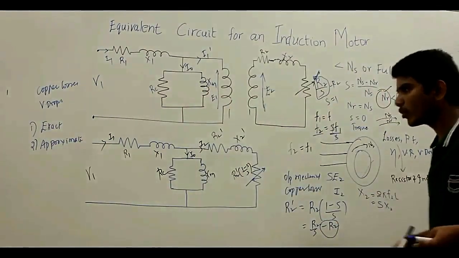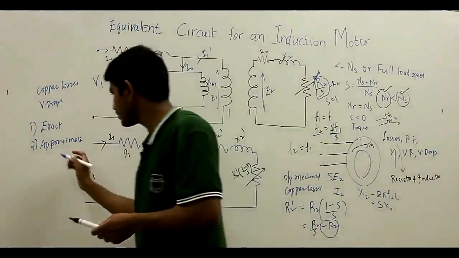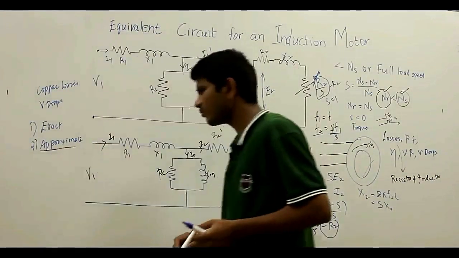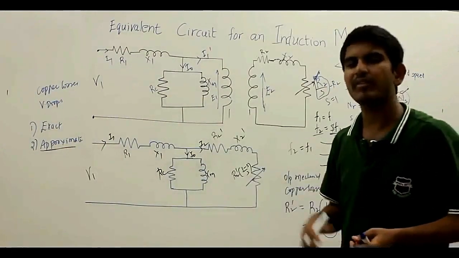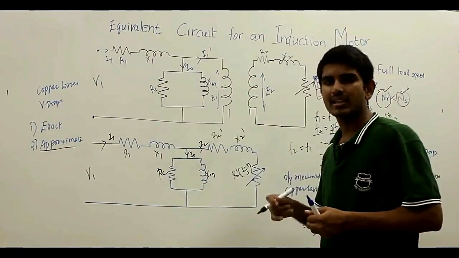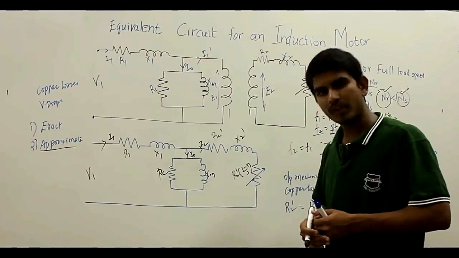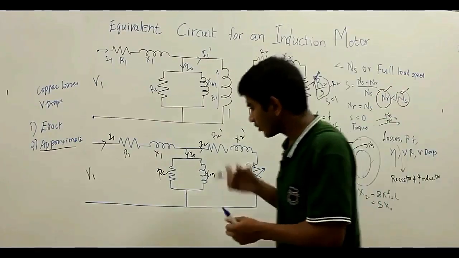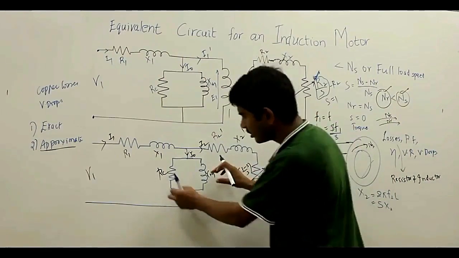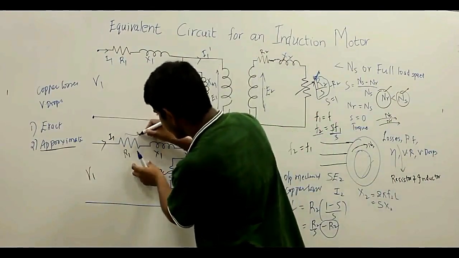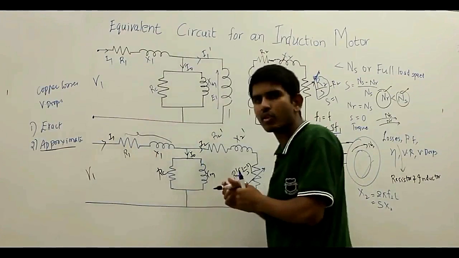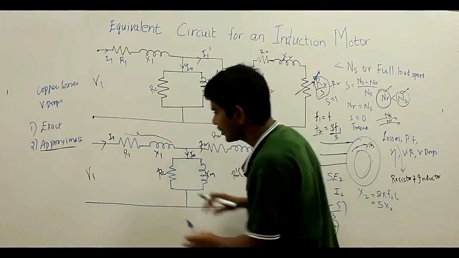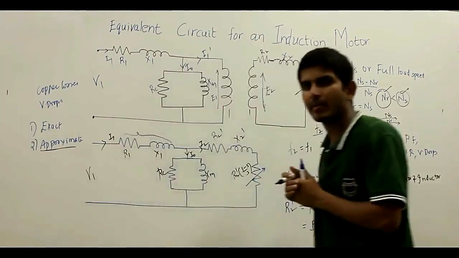Now, the next model is the approximate model. The approximate model is used just to simplify our calculations. At no load, when there is no load connected to the shaft, the stator impedance drop can be neglected and this shunt branch can be shifted towards the primary.